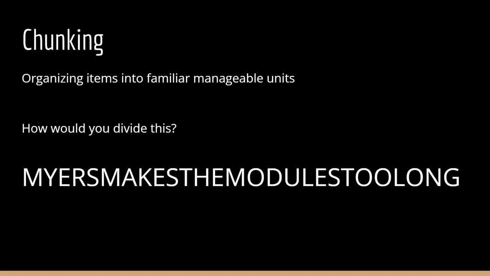All right, chunking. This is something that we automatically do, but it's also a technique that we can use to study. It is organizing items in familiar, manageable units. For example, on this channel, I was trying to make 552 AP US history videos. If you're trying to review for an exam, doing all 552 at once is going to be so hard.